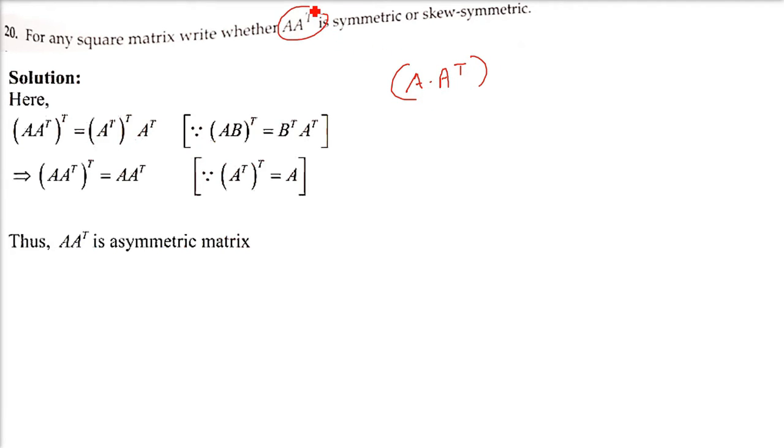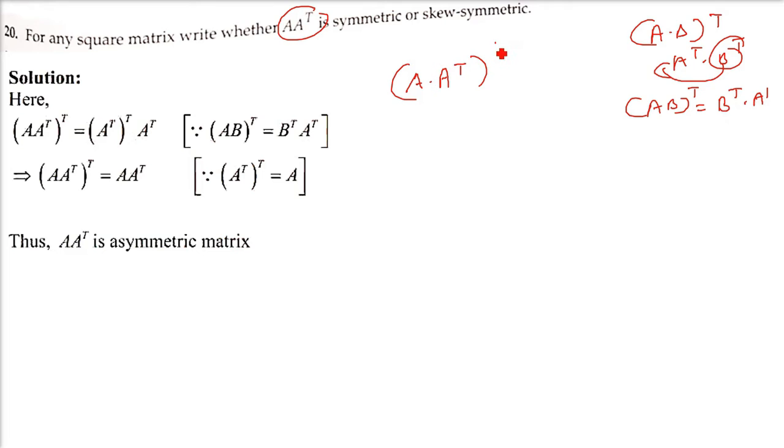So what is the possibility? When we take the transpose of the product AB, it is B transpose into A transpose, with B transpose coming first.